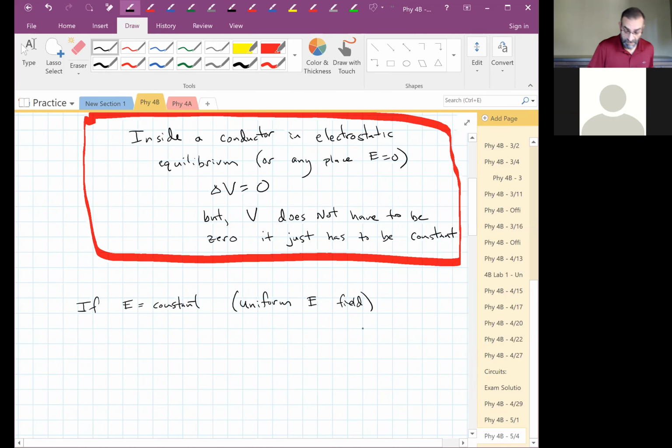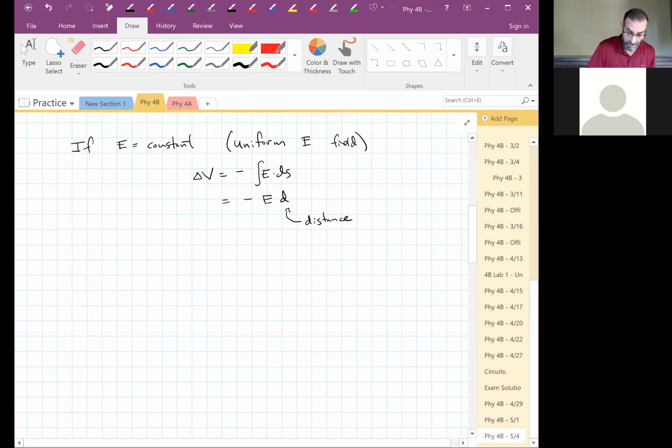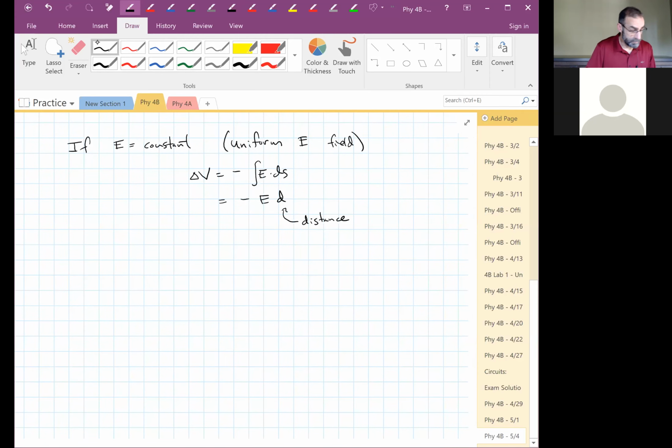Integral of E dot ds just becomes E times the distance, right? I'm using D for distance. Should I use S? So let's take a look at our parallel plate example.